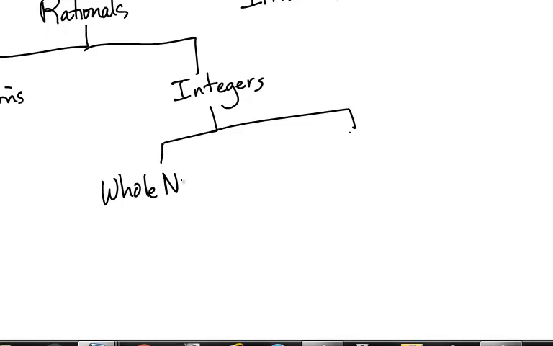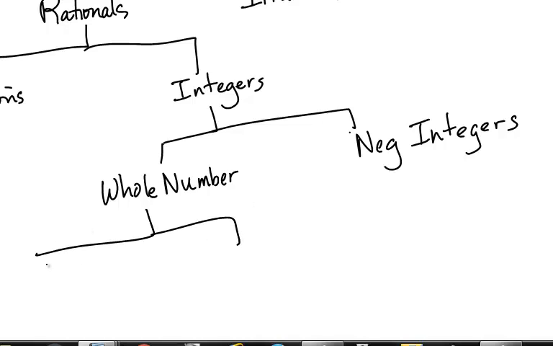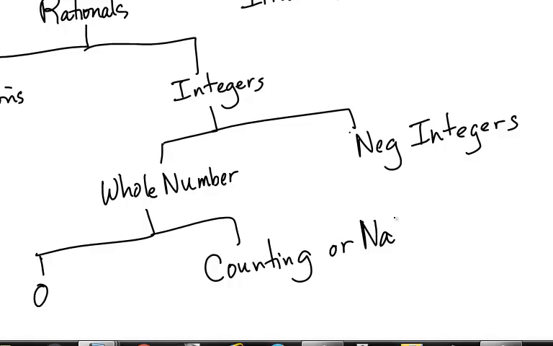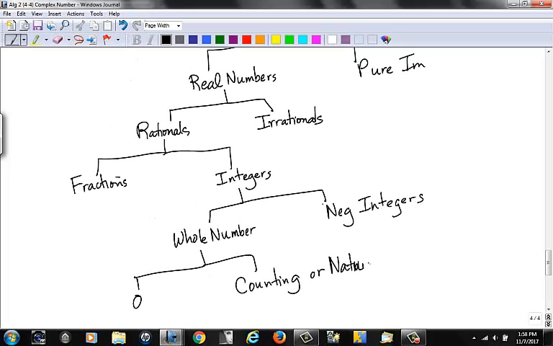That's the 0. And the negative integers. And then you can split the whole numbers up into 0 and the counting numbers or the natural numbers. The natural numbers or counting numbers are where every little kid starts.